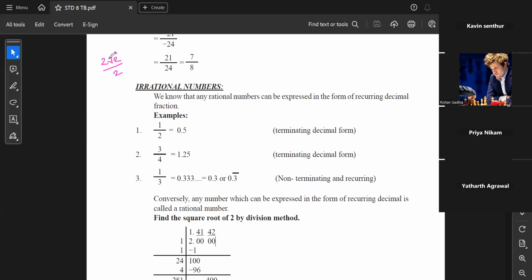It is a combination of different numbers: 2 is one number, root 2 is another number, and this is a third number. So this does not belong to the rational category.